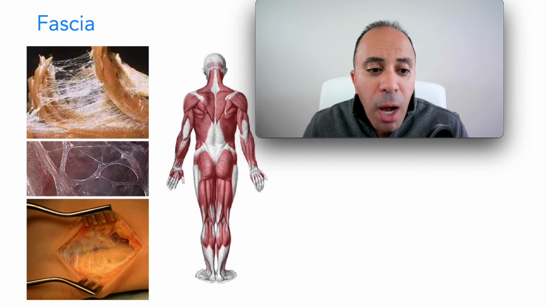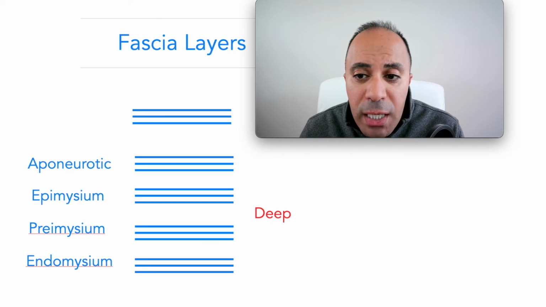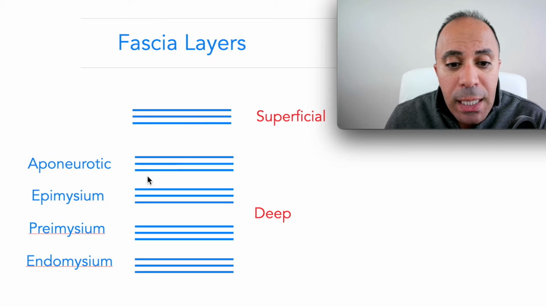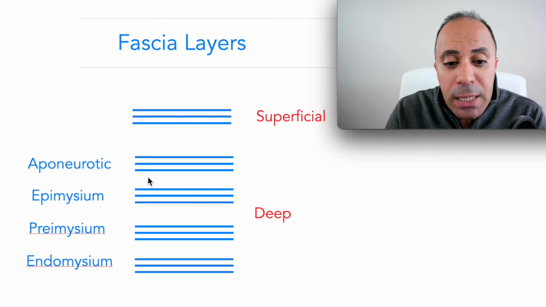To make things more complicated, in the fascia system, each layer, like the superficial layer, consists of 2 to 3 sublayers, as you see here, and the aponeurotic layer consists of 2 to 3 sublayers.